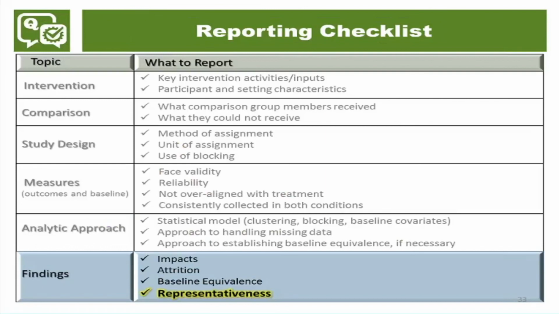Representativeness is defined as the proportion of individuals present in clusters who are in the study sample, but what the WWC looks at is the proportion of individuals present in the clusters who are not in the study sample to determine if there's a concern.